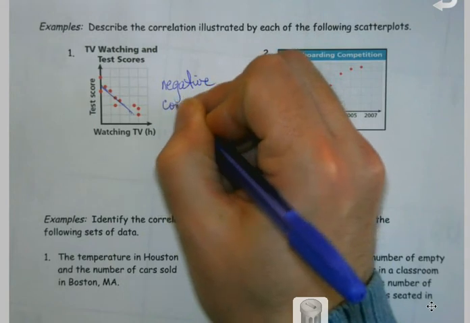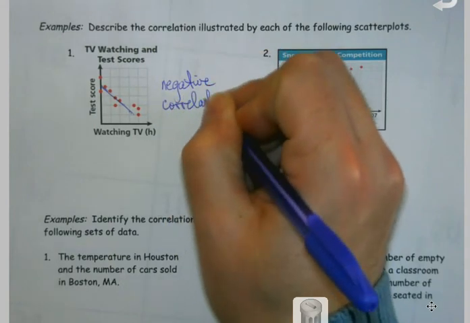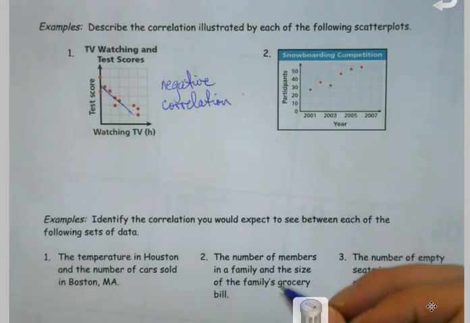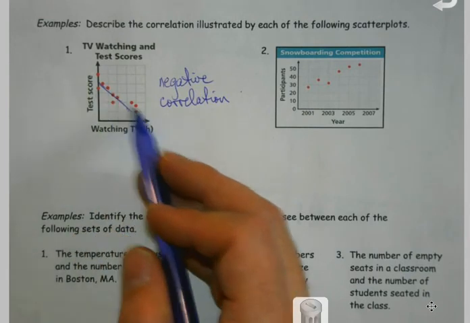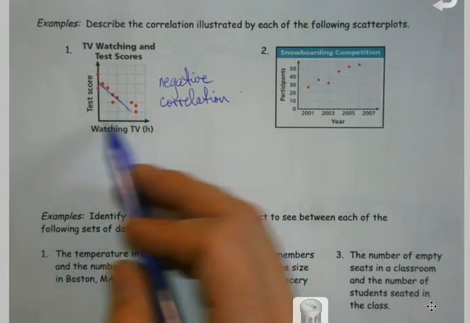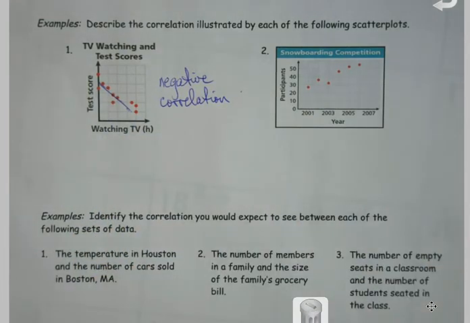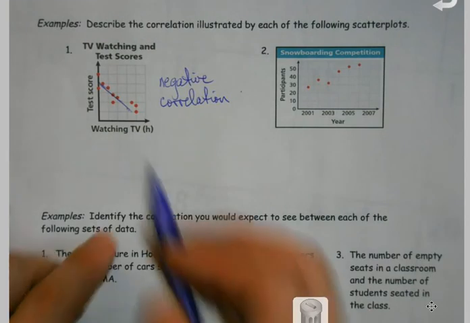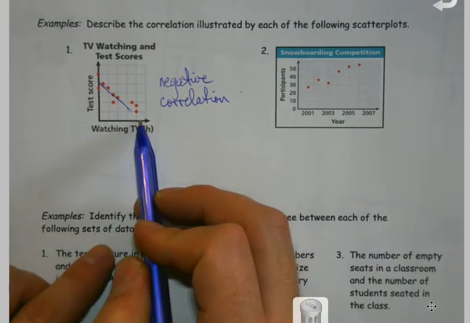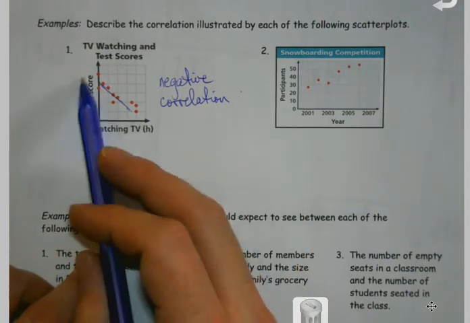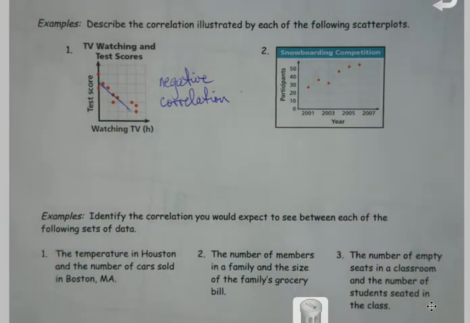So this one would have a negative correlation. In other words, it looks as though test scores decrease as watching TV time increases. So as one value is going up, the number of hours watching TV, the other thing goes down, the test scores. And that's how negative correlation would work.